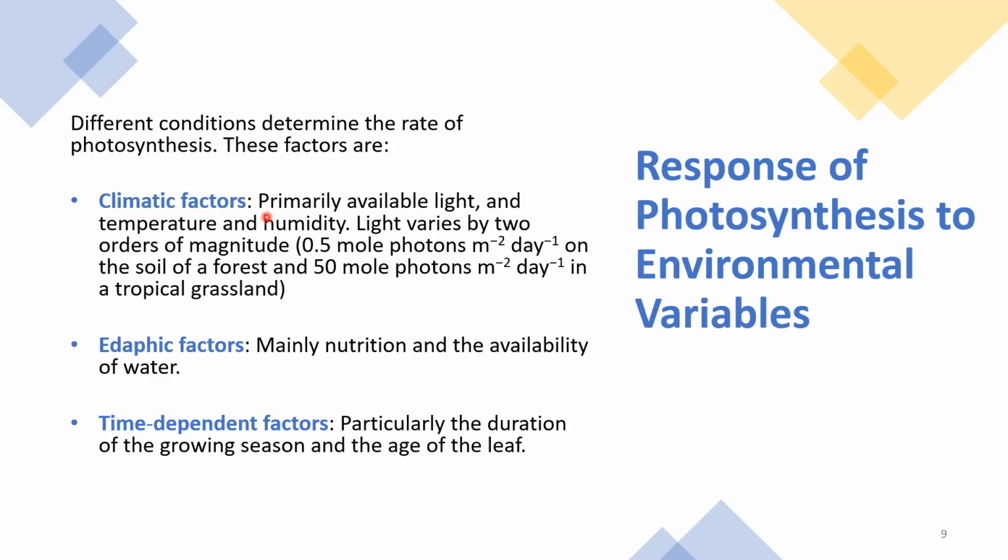If we have a polluted air atmosphere, and the right photons are not approaching the soil or the plant tissue, that will have impact on the photosynthesis. Other adaptive factors, mainly nutrition and the availability of water. If that is optimum, that will have impact on the photosynthesis.